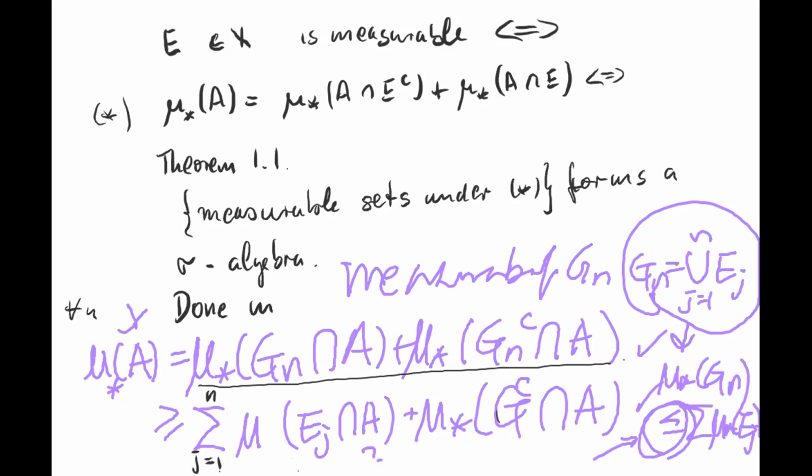Because essentially, for any finite N, the inequality is in the right direction. What you do is you make G_N complement small, and then this inequality holds for any N, right? It holds for any N.